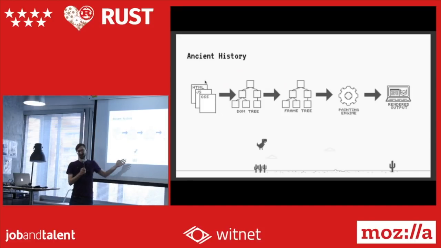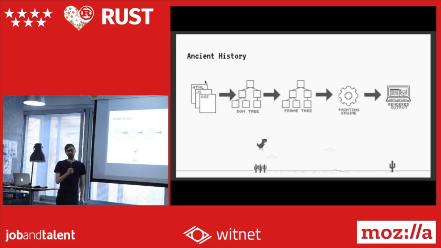So basically, you start with this collection of HTML, CSS, and JavaScript. And the HTML is turned into a DOM tree, which is the traditional DOM tree that you get from parsing something like XML, structured markup. And that's really not very different from what you get from an XML parser. But the second stage, the CSS and maybe some JavaScript interaction combines with that DOM tree to create what's known in Gecko, at least, as the frame tree.